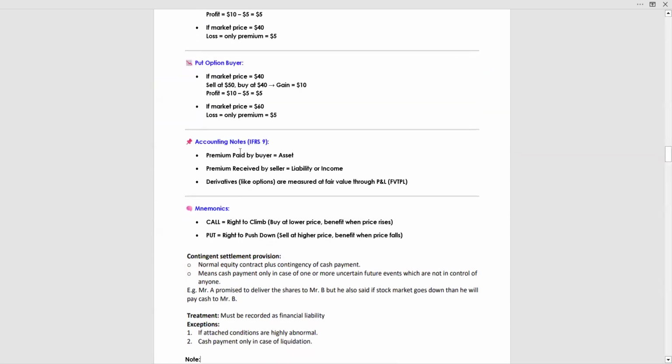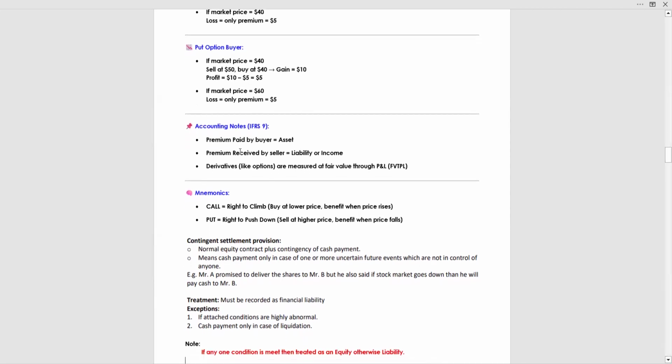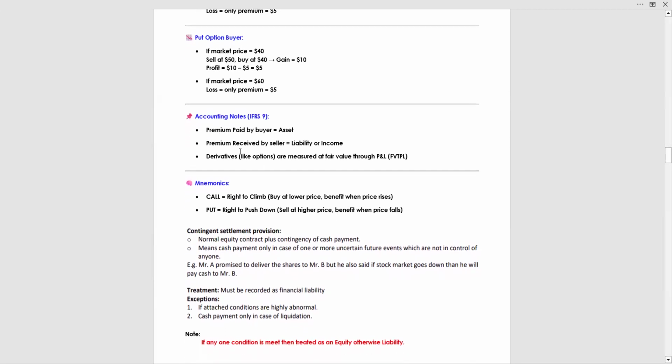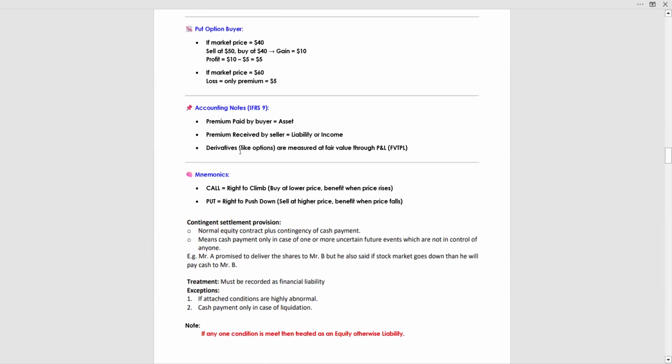Accounting notes, IFRS 9: premium paid by buyer is an asset. Premium received by seller is liability or income. Derivatives we will cover in the later section. Mnemonics: call equal to right to climb, buy at lower price, benefit when price rises. Put: right to push down, sale at higher price, benefit when price falls.